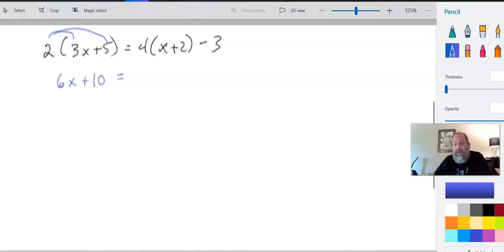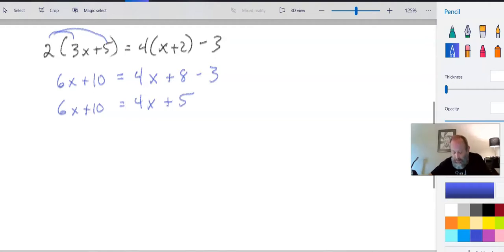And if I distribute on the right-hand side, because they don't affect each other, so I can do them simultaneously, that leaves me with 4x plus 8 minus 3, right? And you notice after I distributed, I no longer need the parentheses. Okay, so if I collect my like terms, 8 minus 3 is 5, so this is plus 5.